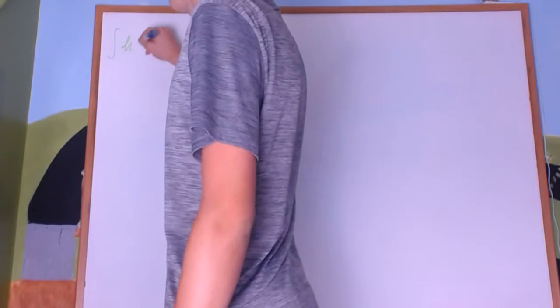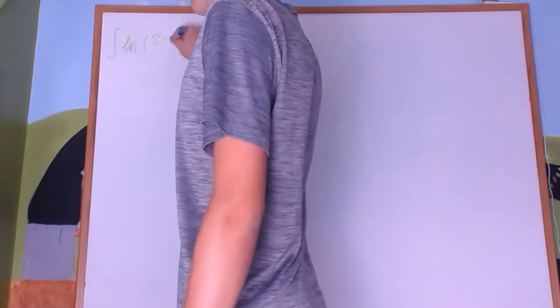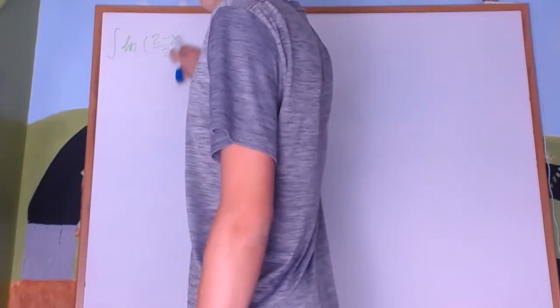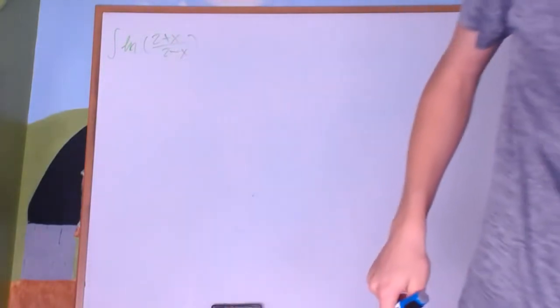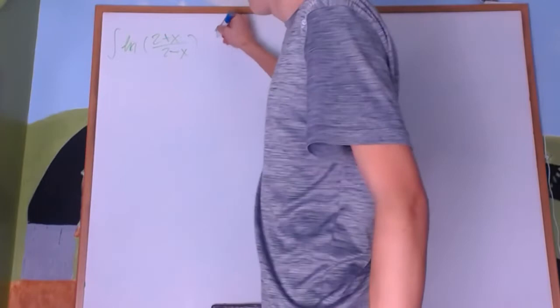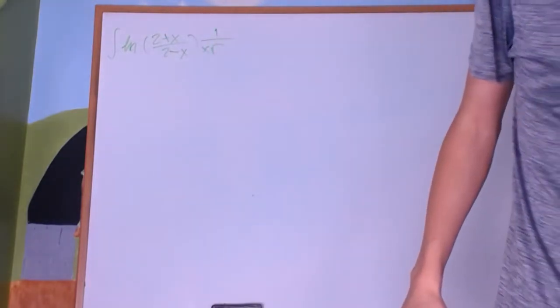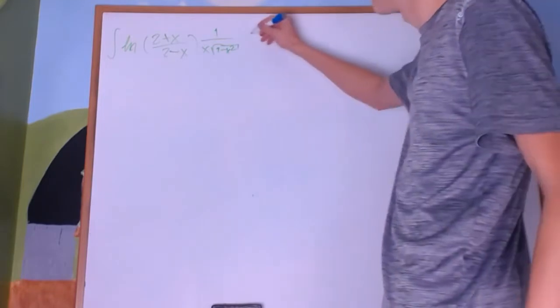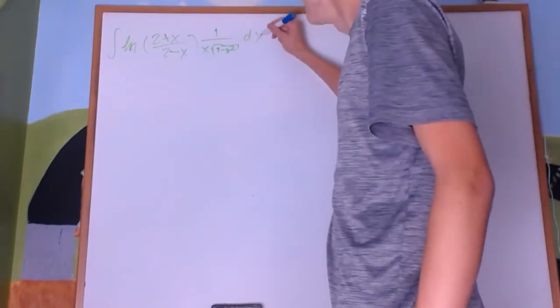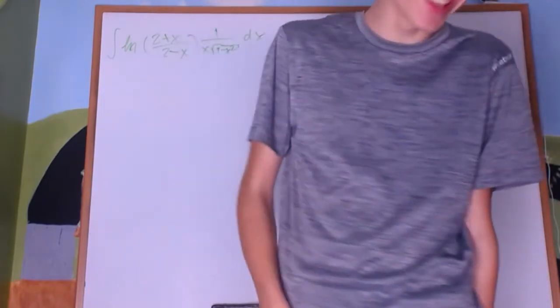Natural log of 2 plus x over 2 minus x, times 1 over x times the square root of 1 minus x squared dx. Oh my god. Why would you do this to me?